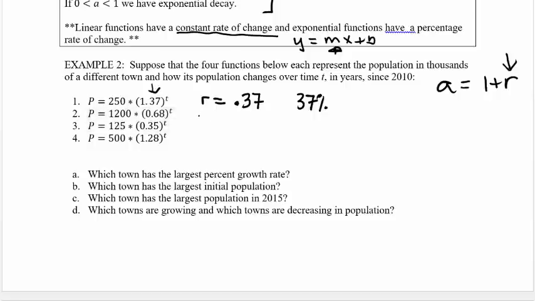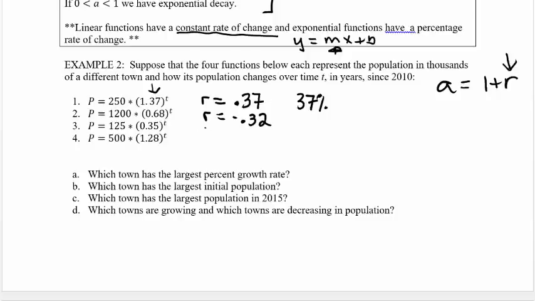So in order to get my R, I need to subtract 1 from 0.68. So 0.68 minus 1 is going to give me a negative number. So here, my R is negative 0.32. The negative is important because the negative tells me that my population is declining in the second one here.